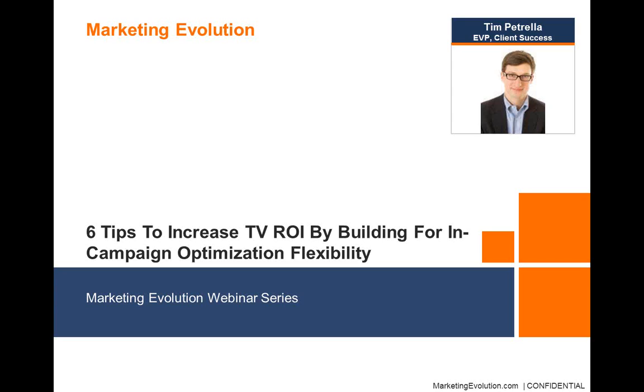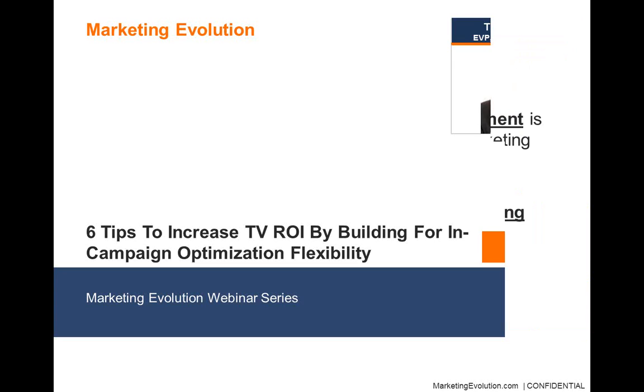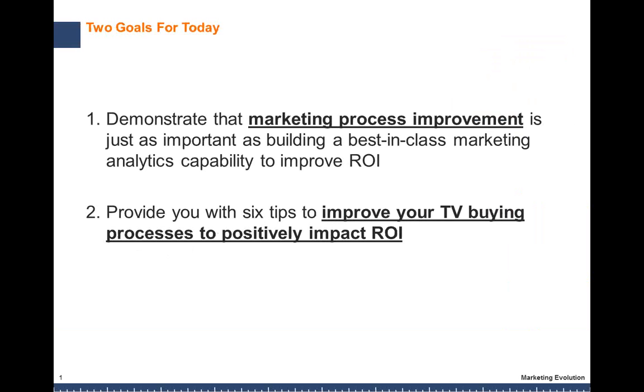Today's topic for the webinar is 6 tips to increase TV ROI by building for in-campaign optimization flexibility, which is a little bit of a mouthful. And so maybe we can start by describing, in more plain terms, what we're trying to accomplish today.